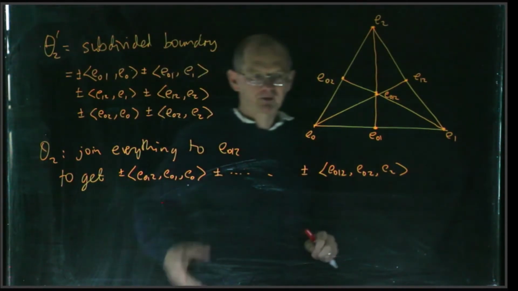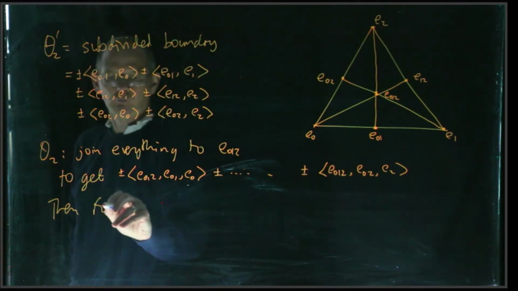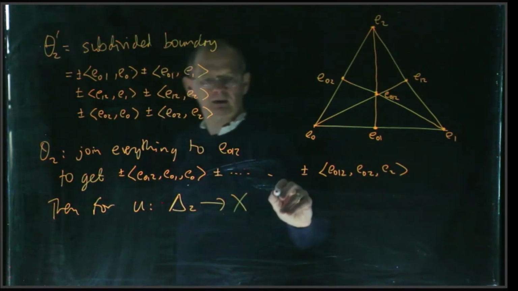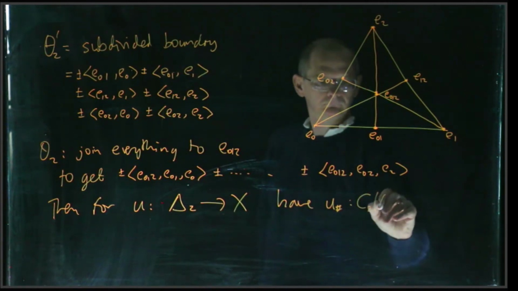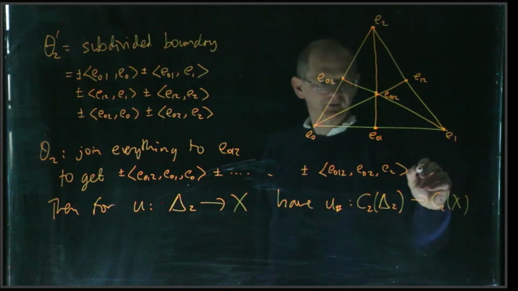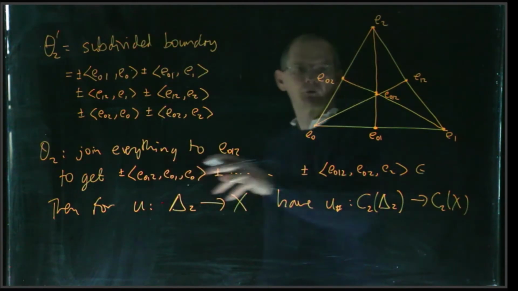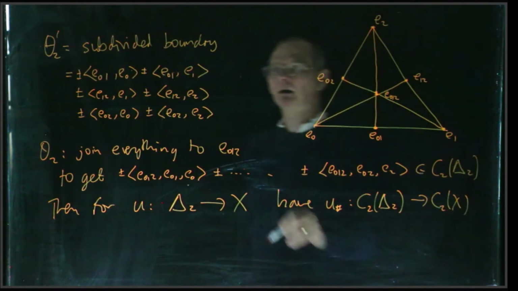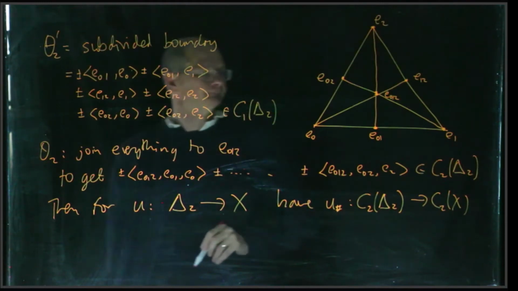Okay, so that's what's going to be our theta 2. And this thing here is a linear combination of 2 simplices in delta 2, so this is an element of C2 delta 2. Whereas this one here is an element of C1 delta 2.